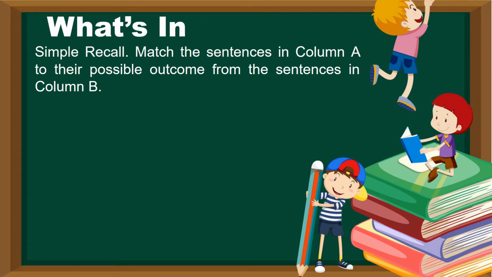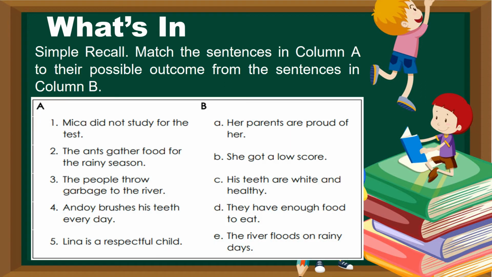This time, let's have a simple recall about your previous lesson in What's In. Match the sentences in column A to their possible outcome from the sentences in column B. Column A. Number 1. Mika did not study for the test.